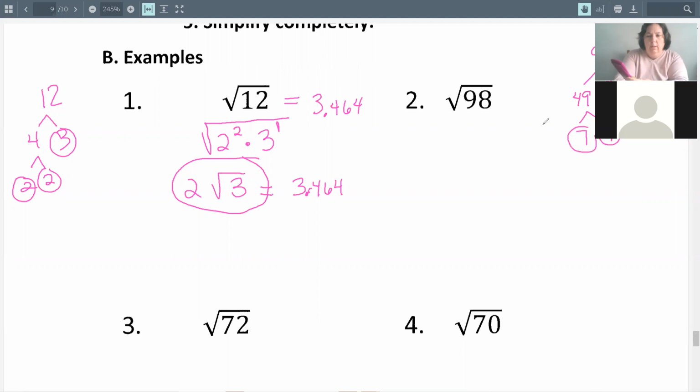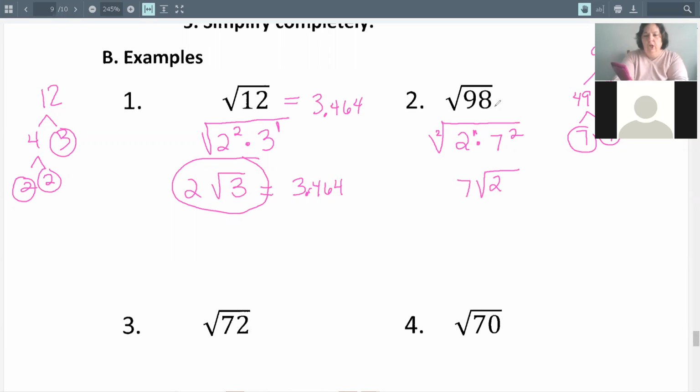So what we're going to do in the place of the radicand, we're going to write the prime factorization of 98, which is 2 times 7 squared. 2 has an exponent of 1. 7 squared has an exponent of 2. So the square root of 2 stays underneath because the exponent and the index do not match. And the square root of 49 is 7.